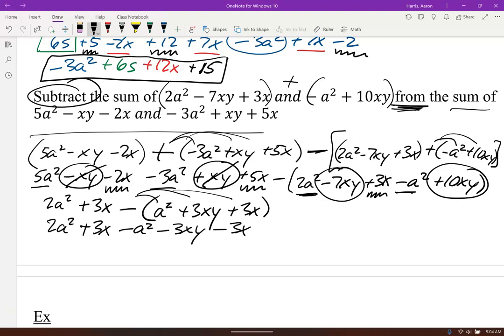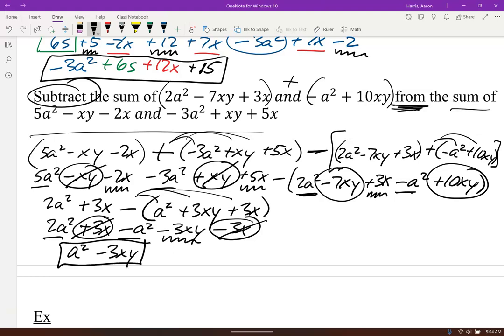And let's combine like terms. So 2a squared minus an a squared, 2 minus 1 is a 1a squared. 3x minus 3x, looks like those are gone. So then we're just left with that minus 3xy. And we're all done with that.